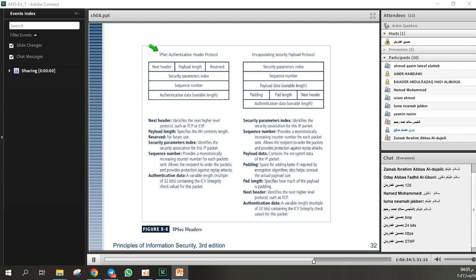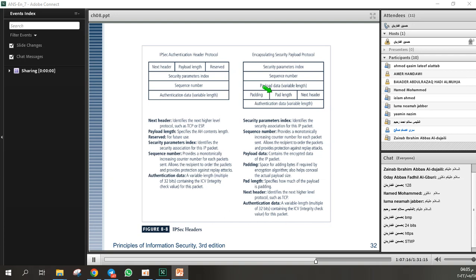So if I'm worried about just authentication or something like that, I can use IPsec AH mode. Okay, it's a light protocol. But if I want to prepare a complete secure channel, I must use IPsec ESP protocol. It encrypts everything. The full length of the packet would be encrypted in ESP, but not in AH.